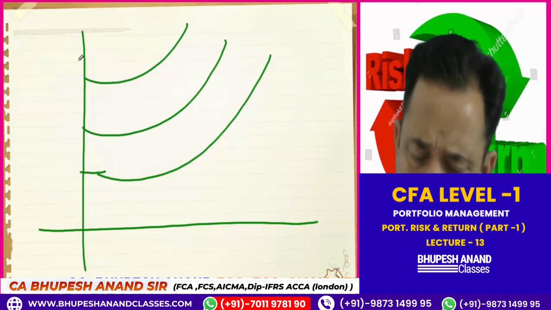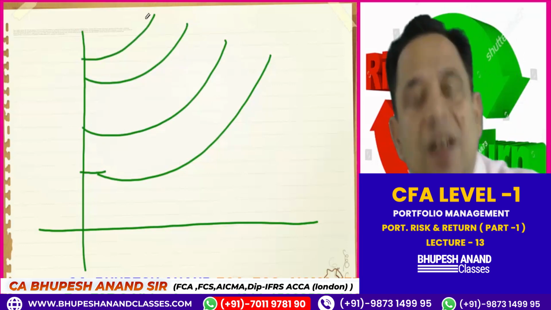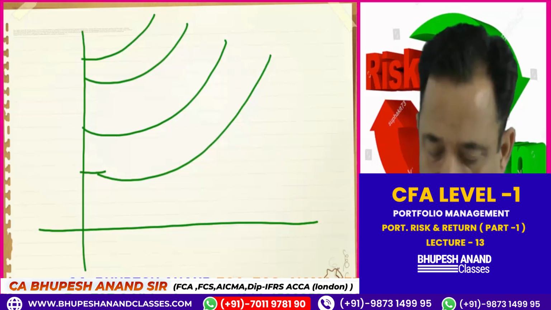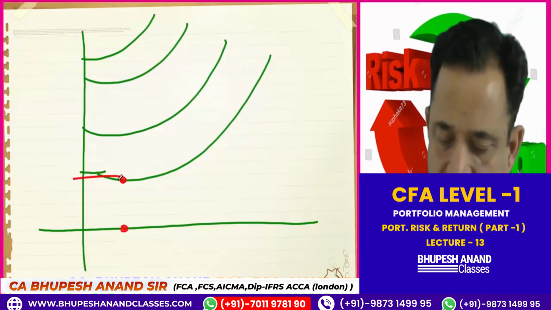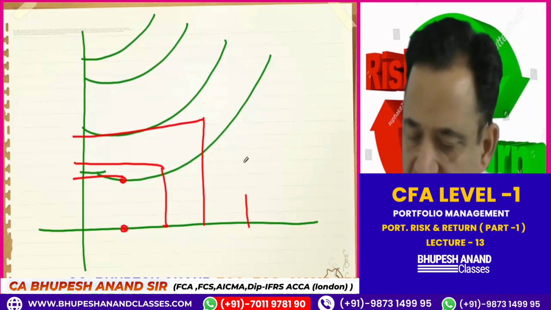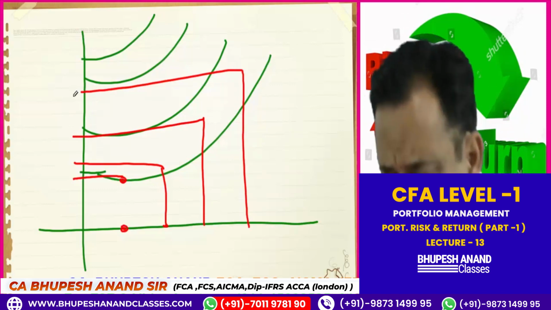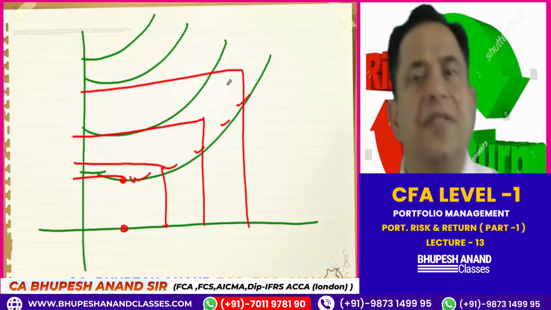So this is named as the indifference curve for an investor, because if risk is 5%, then return is this much. If risk increases, then return is increased. If it increases again, return is increased accordingly. So he will feel happy at any point of this indifference curve.